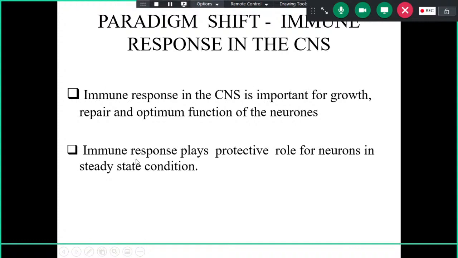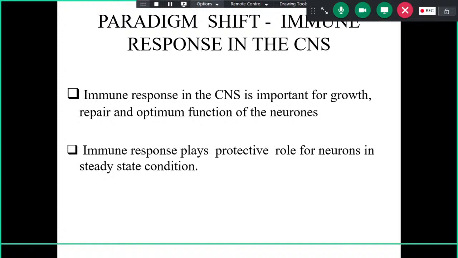As I told you, a certain amount of antibodies present inside the brain helps to maintain the neurons in a steady state condition.